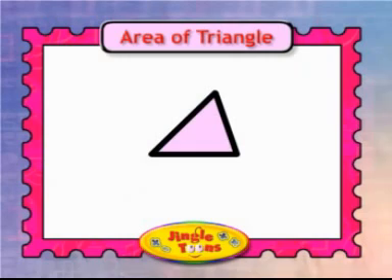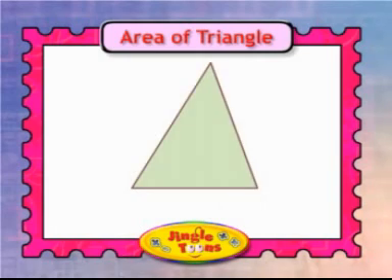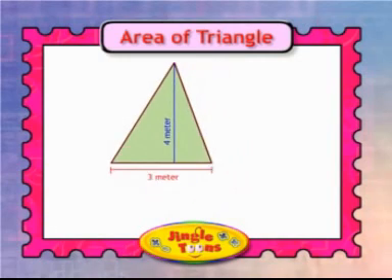The formula to calculate the area of a triangle with the base B and height h is area is equal to 1 upon 2 multiplied by B multiplied by h. And here is how we can use this formula. Suppose you have to calculate the area of a triangle with the base of 3 meters and the height of 4 meters.